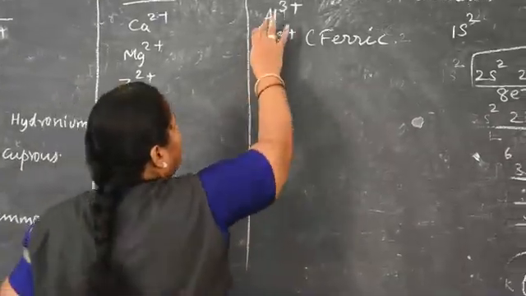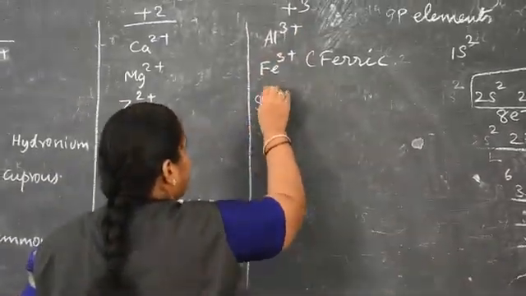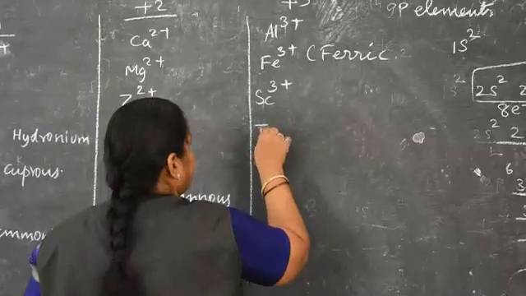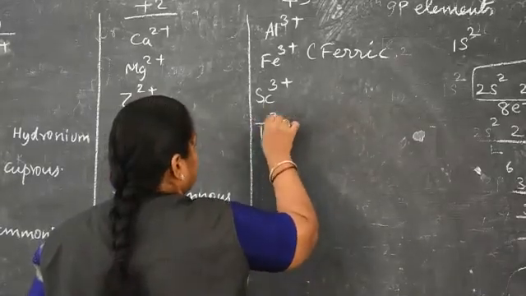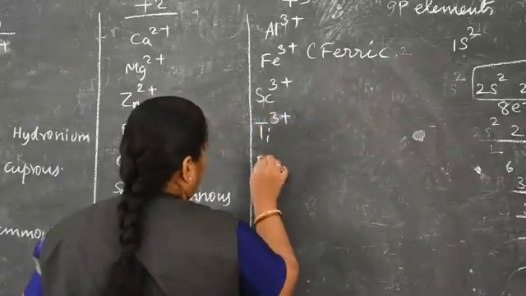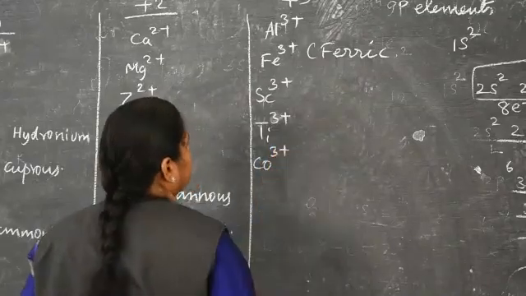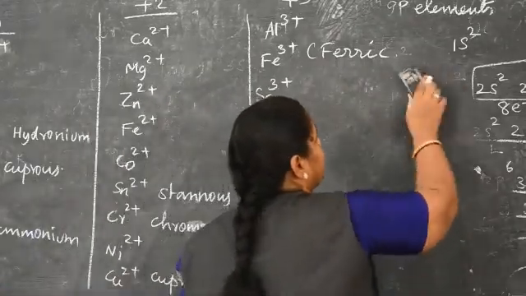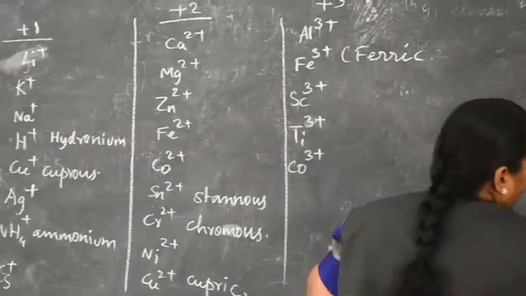Ferric, aluminum 3+, scandium 3+, titanium 3+, cobalt 3+. These are some positive charge with a plus 3.